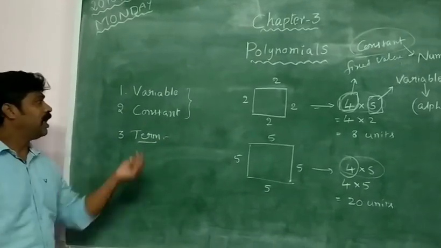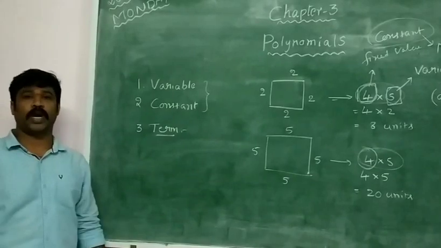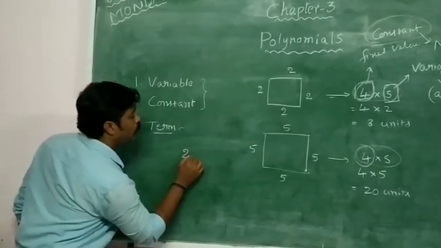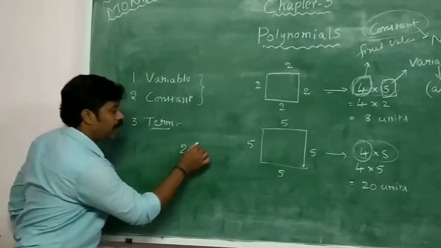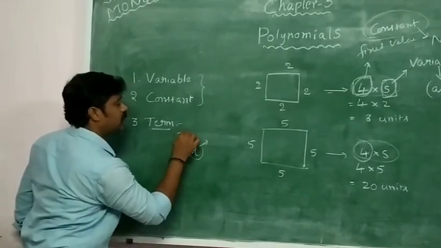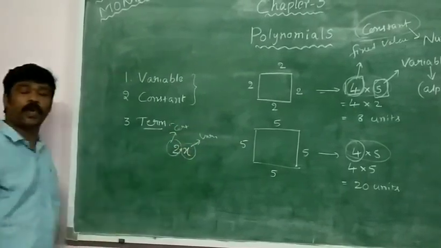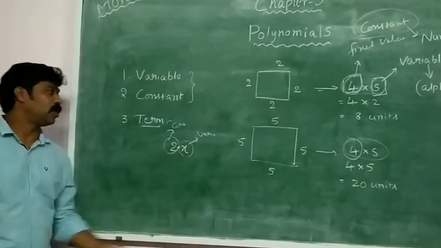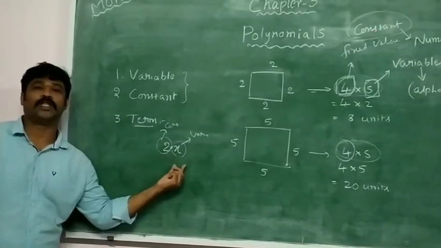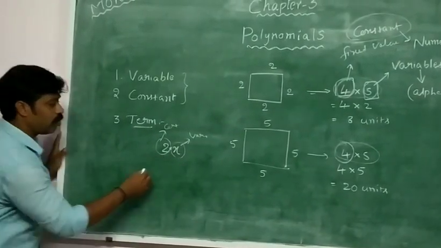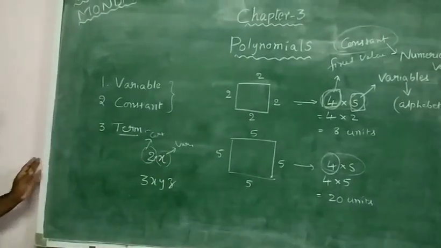Then again, we have to know what a term is. A term is the combination of variables and a constant by using product. For example, 2x: we are taking one variable and another one a constant, and by using product we write this combination. Take another example, 3xyz.